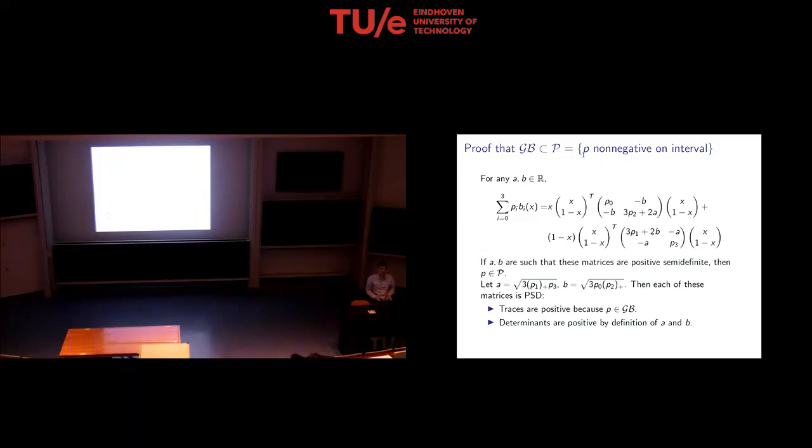So trace and determinant non-negative on a 2 by 2 matrix is enough for positive semi-definiteness. So actually, what we did was we chose an A and B, and we picked sort of the best A and B you can use in some sense. And that is our GB condition. And we'll talk about exactly what I mean by picking the best A and B you can pick.